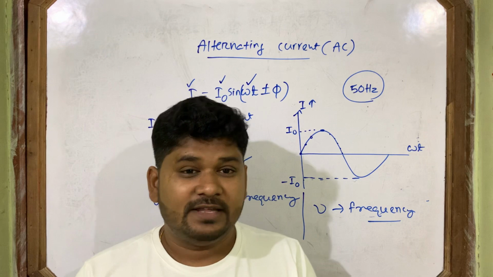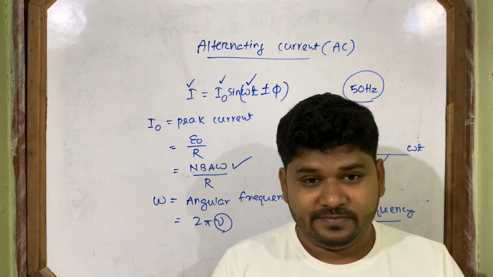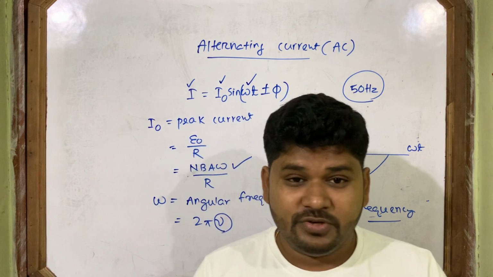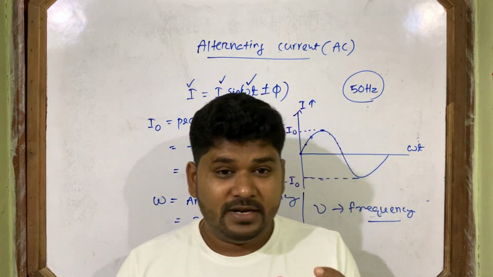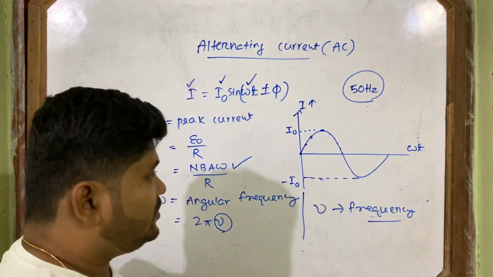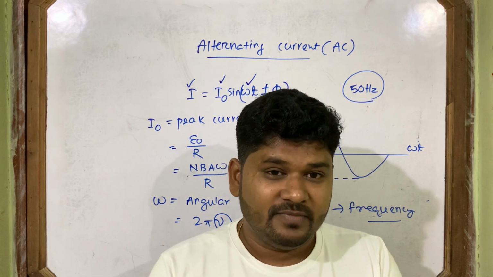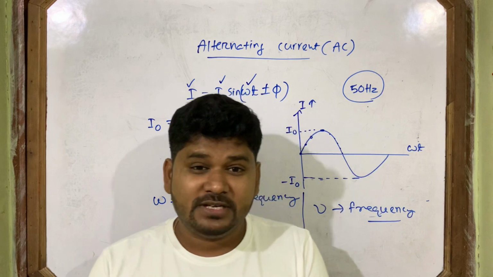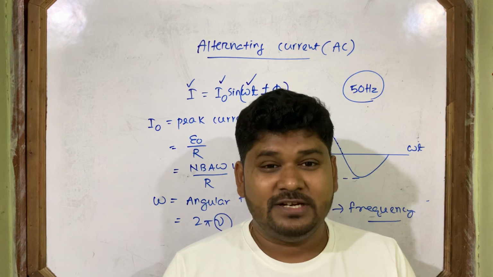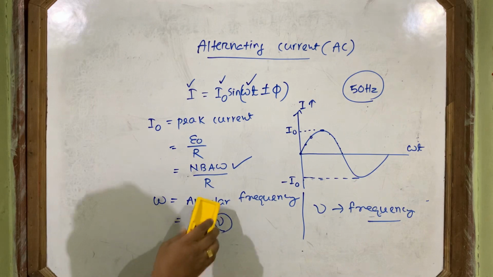That may be written as 50 hertz, 220 volt. About 220 volt I will tell you, but the 50 hertz is the frequency. So this is our home supply in India. Then in USA, what is the value of frequency? You can find how much frequency the alternating current has in USA. Okay, so this is the frequency.